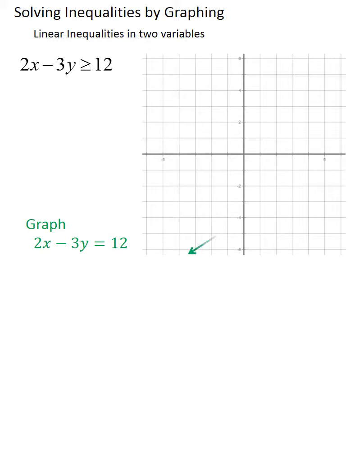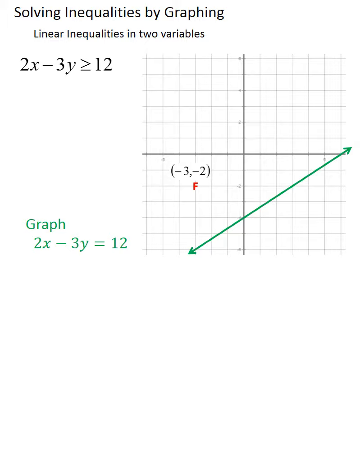If we were to graph this line using whatever techniques of the past that we know, we would have the dividing line between the trues and falses. And then instead of doing trial and error with tons and tons of points, as you saw earlier, I could just pick one random point, substitute that into the inequality, and find out whether it's true or false.